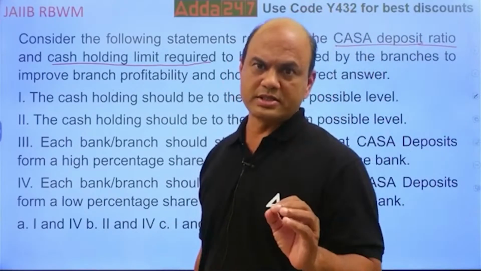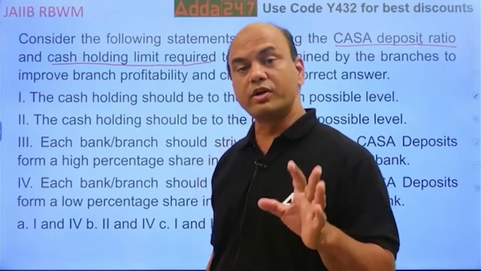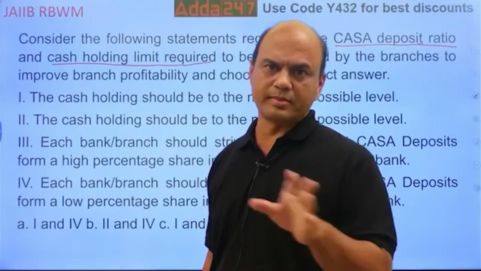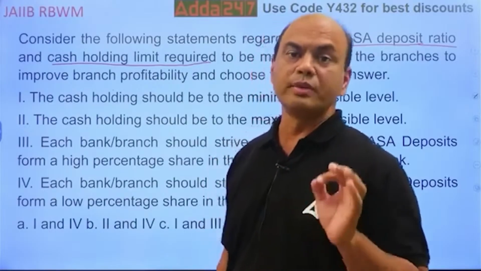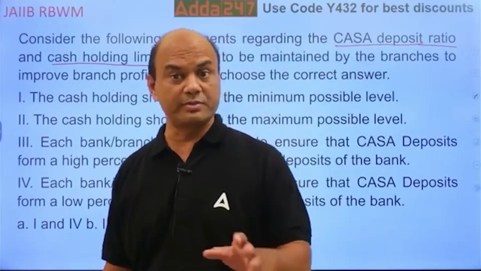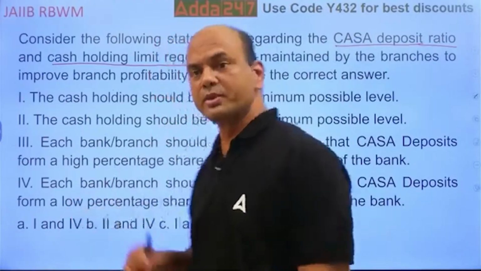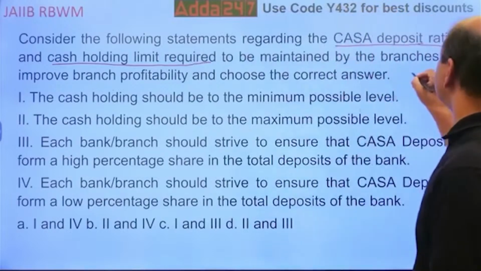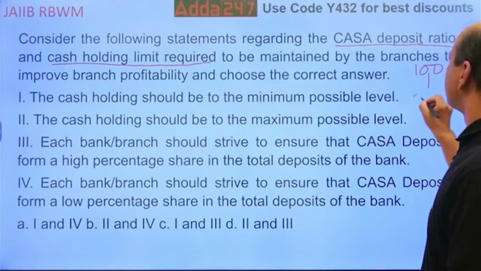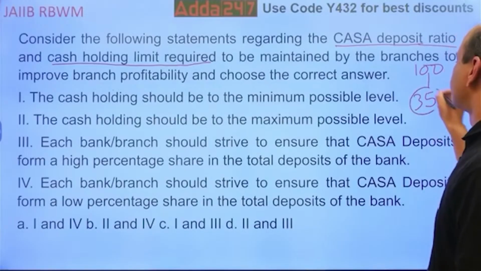If your branch or your bank wants to grow, you must have minimum 35% of your CASA. 35% means if my total deposits are, let's say, 100 rupees, then my CASA should be 35 rupees minimum.